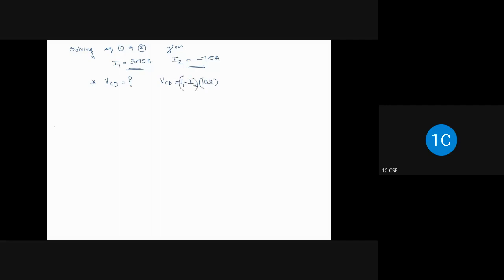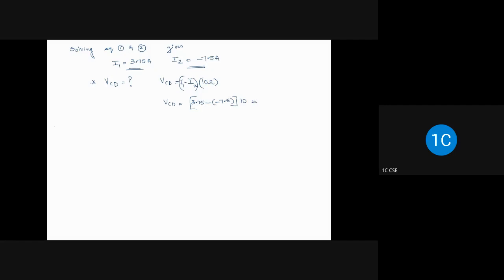Or even if you take I2 minus I1, will the magnitude change? No, sir. So don't worry about the sign. You should get the magnitude right. So VCD is equal to I1 minus I2. I1 is 3.75 minus I2, so minus of minus 7.5, into 10 ohm. So this becomes plus.